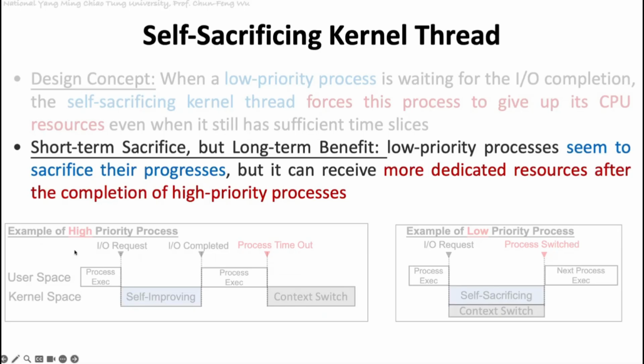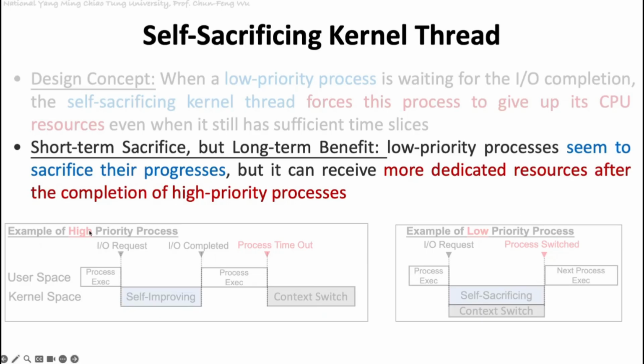If there are high priority and low priority processes here, and each time the low priority process gives up the CPU resource when it faces the I/O, then the high priority process can get the resource more frequently than without the low priority process giving up the CPU.